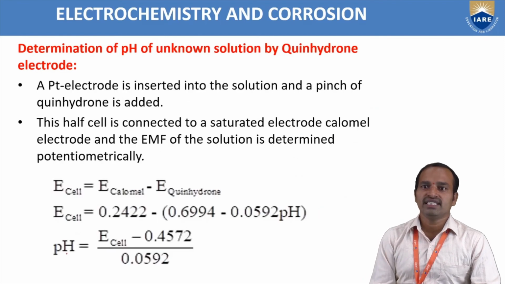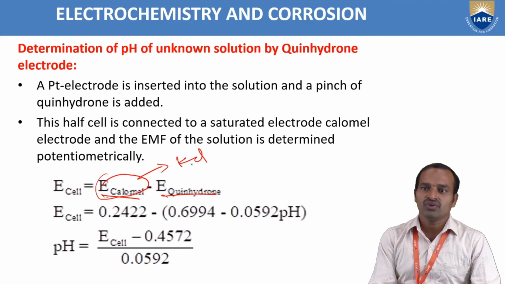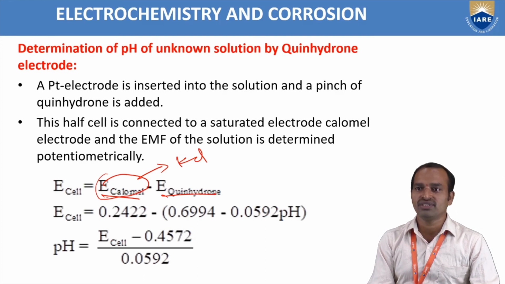Now, E cell is equal to E calomel minus E quinhydrone. E calomel means the KCl solution is saturated KCl solution. So that electrode potential value is 0.2422, and E quinhydrone is equal to 0.6994 minus 0.0591 pH.